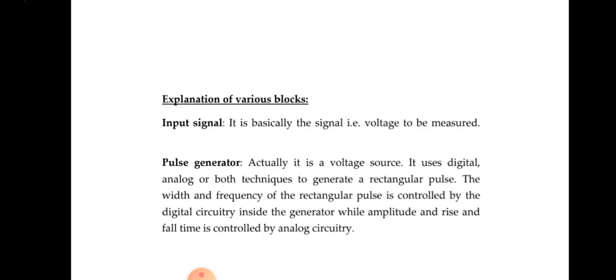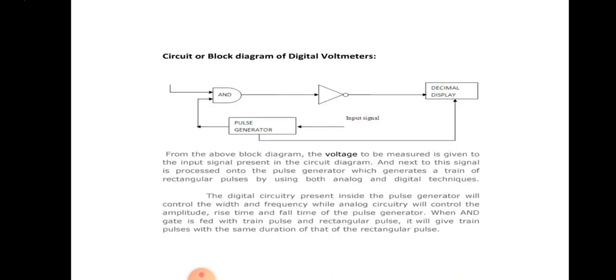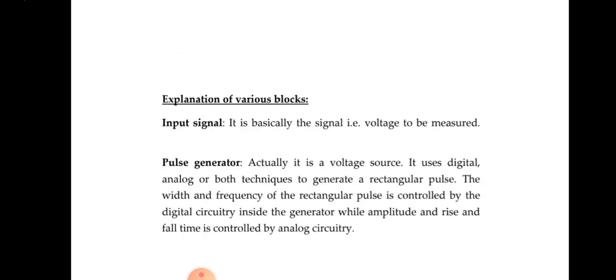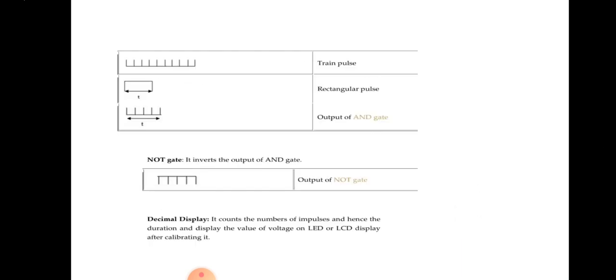In the diagram, if the pulse generator gives 1 and here also you get 1, then only the AND gate will perform and it will give 1 at the output. Okay, so this is the third block, the AND gate. Now here we can see the different pulses: train pulse, rectangular pulse and the output of the AND gate. So three types of pulses are generated here.